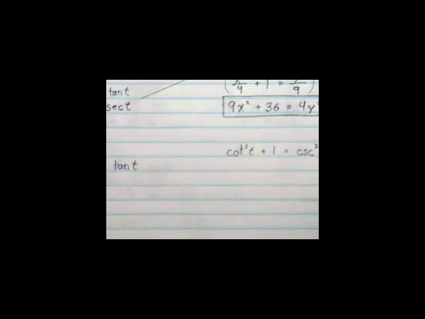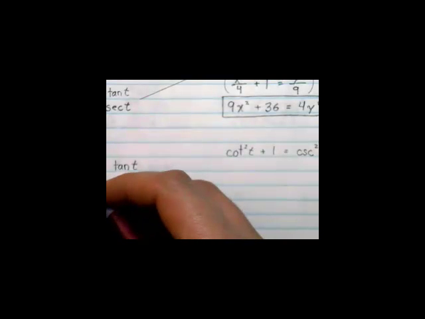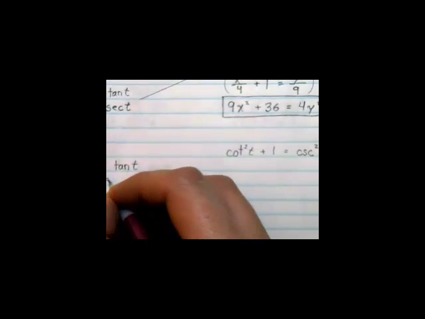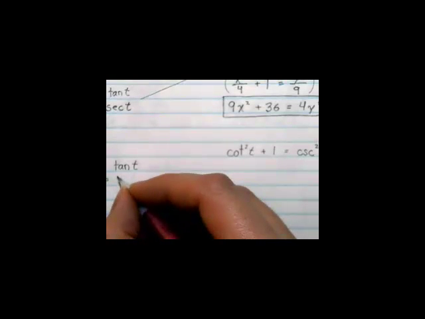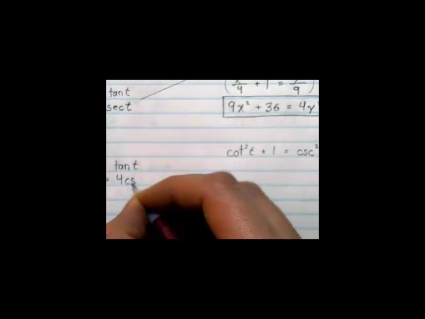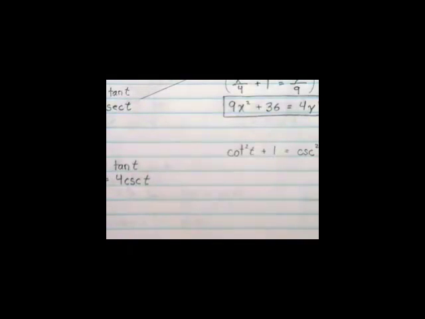Except I'm going to get a little sneaky. Okay, so let's say I got x equals tangent t and y equals 4 cosecant t. What's the problem?